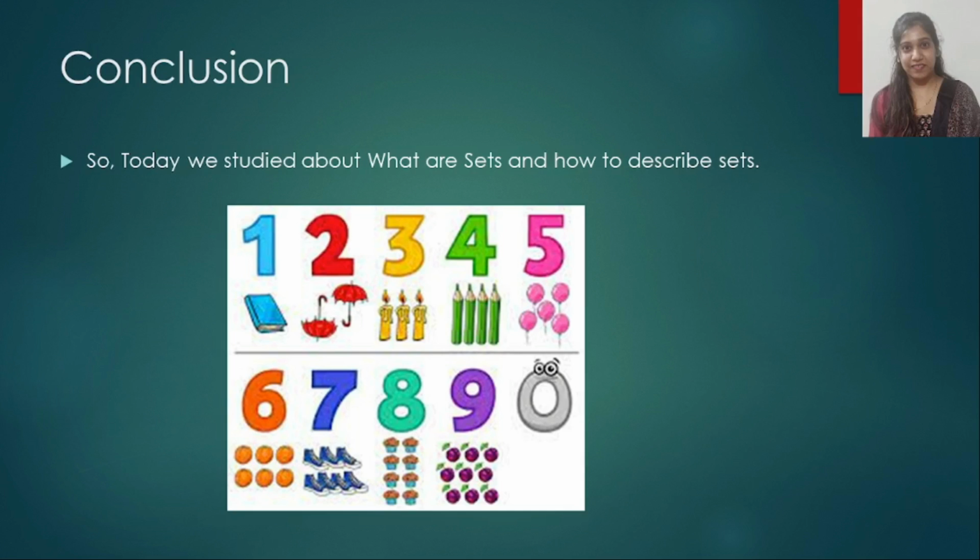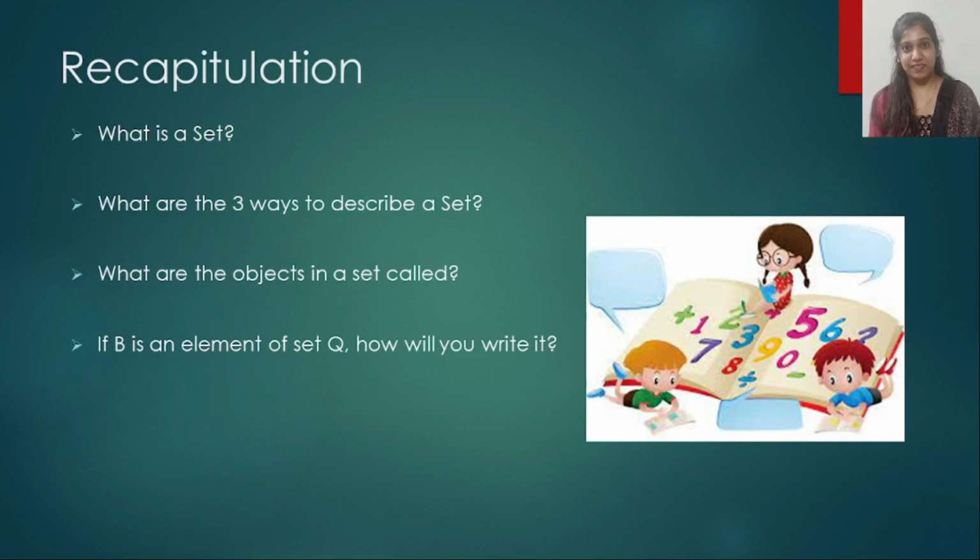So, today we studied what sets are and how to describe a set. Let us do a quick recap so I will know how much you understood about sets. So what is a set? It is a well-defined collection of objects. Very good. What are the 3 ways to describe a set? Correct. They are roster method, description method and rule method.